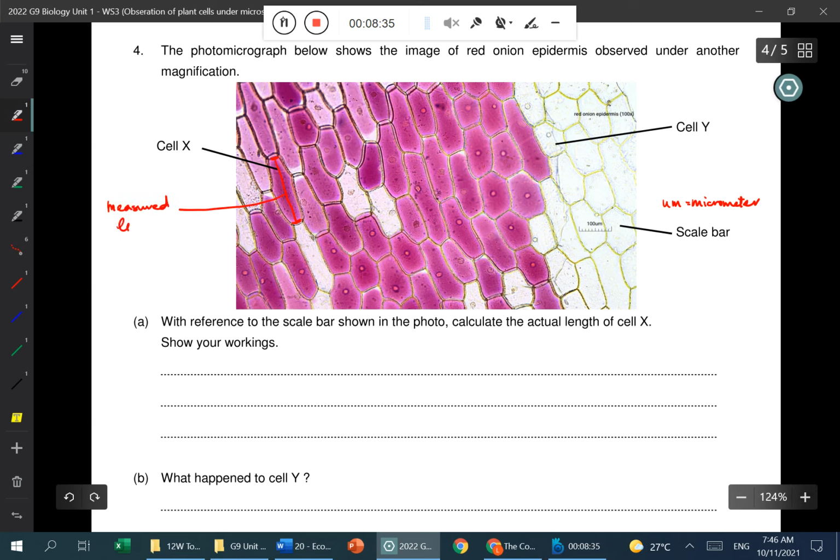So this is the measured length here. But we set it aside at the moment, all right? We will use it later on. Another thing that you need to work on is the scale bar. I need to first work out the measured length here.